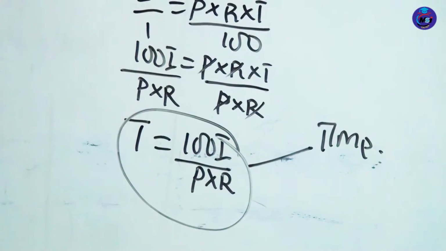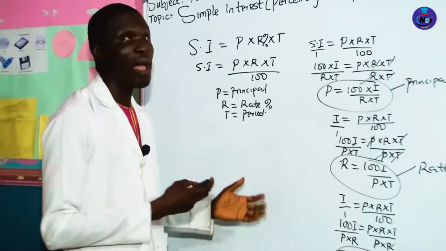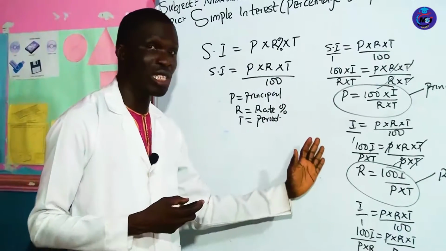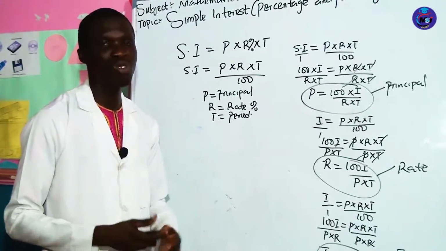I believe you study this formula. They are very simple, and I purposely give you these formulas so that by the time I'm solving questions, you will be able to follow me.